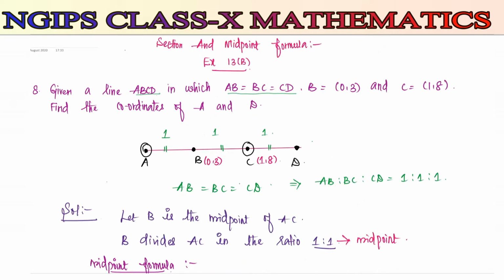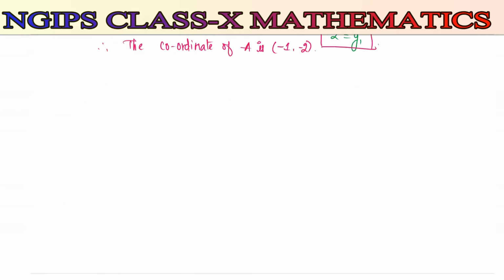Now you need to consider C as the midpoint of BD. So when C is the midpoint of BD, x1, y1 is (0, 3), x2, y2 is the unknown value, and x comma y is (1, 8). Remember this. Now I am going to represent the line segment.